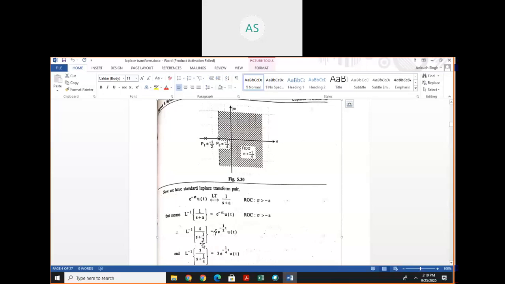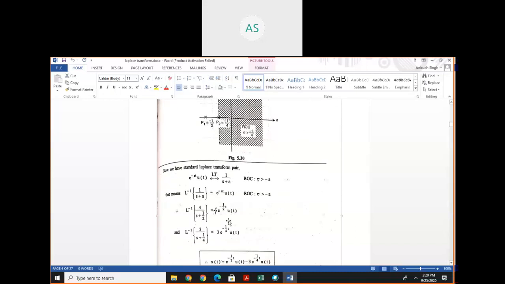So we can calculate the inverse Laplace transform of 4 by s plus 1 by 2, which is 4 e to the power minus t by 2, where a is replaced by 1 by 2. So 4 multiplied by e to the power minus half t u(t).